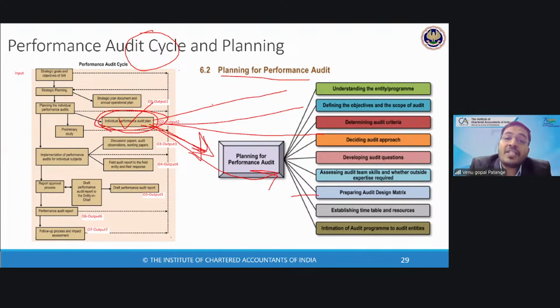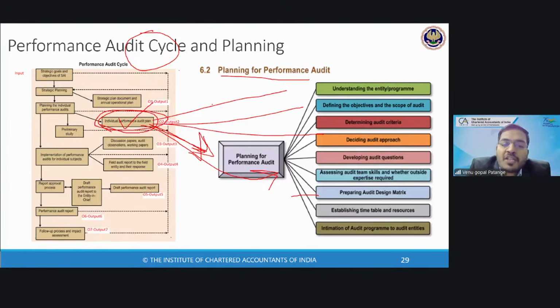From the performance audit cycle, you came to the individual performance audit plan. From there, you came to audit criteria. So once you are clear with the chart, then your recall capacity will increase. Okay. So how do you define the criteria?